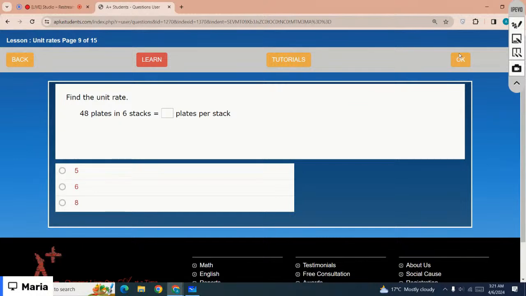Yes, that is 48 plates in 6 stacks. So that is 6 times 8 is 48. That means you have 8 plates per stack, right? The correct option is 8. Okay, you can complete the lesson by yourself later today. Let me just move on to the next lesson.